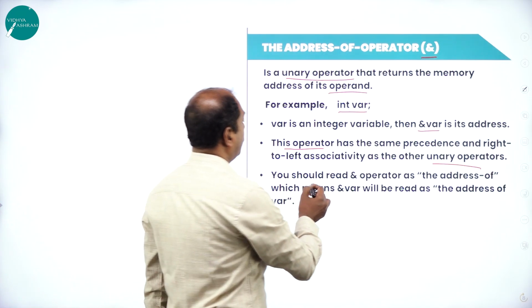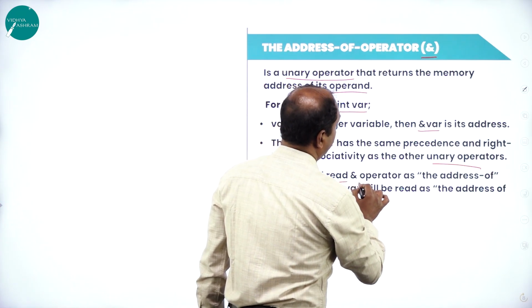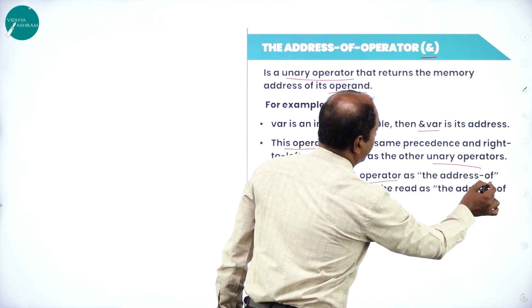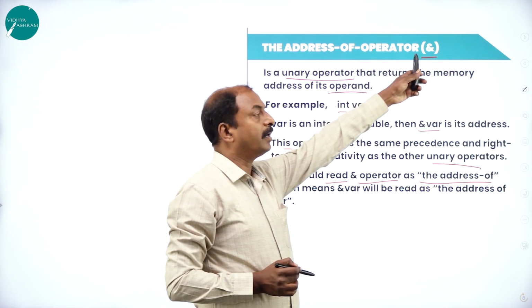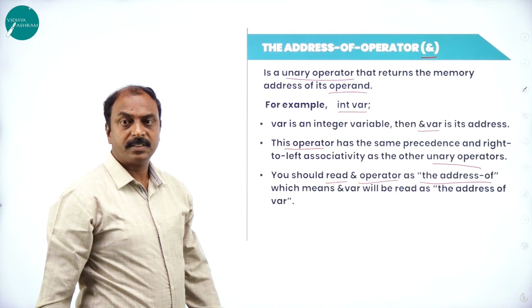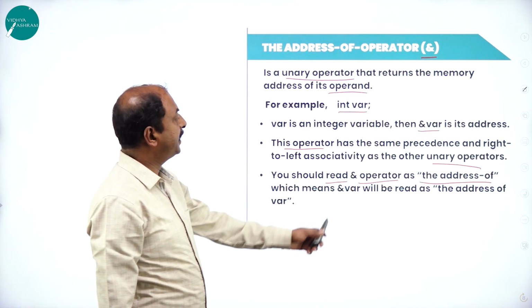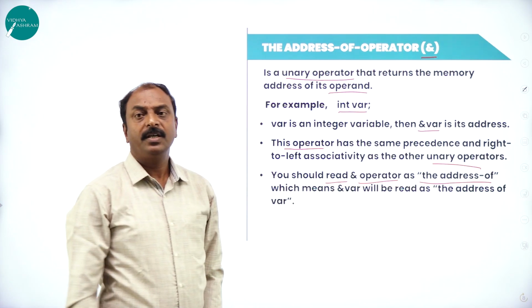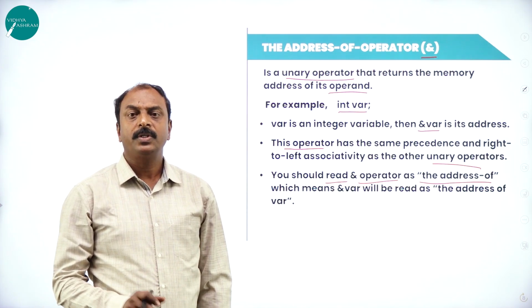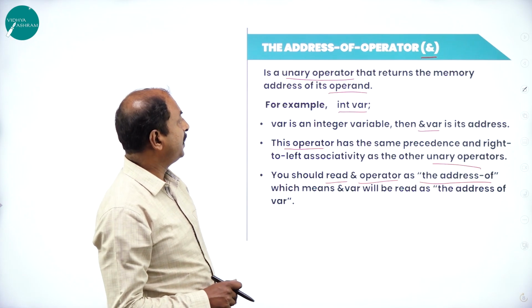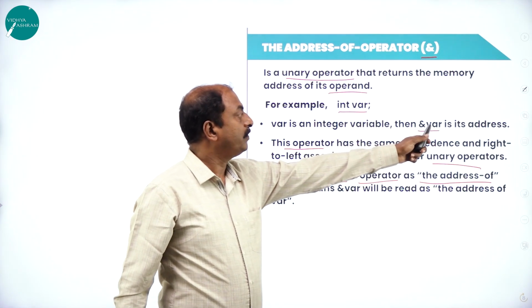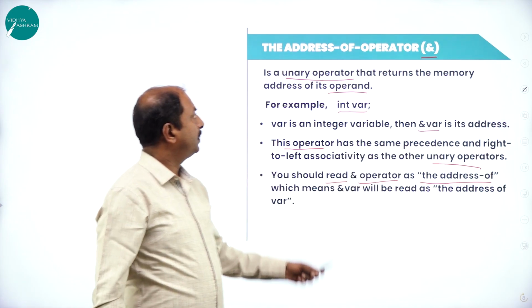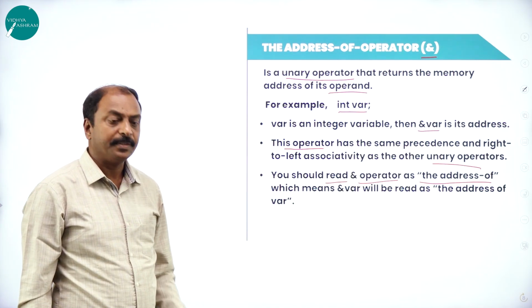You should read this operator as the address of operator. So this ampersand symbol is referred to as the address of operator, meaning we are referring to the address of another variable. In this example, ampersand var means the address of the variable var. This is the address of operator.